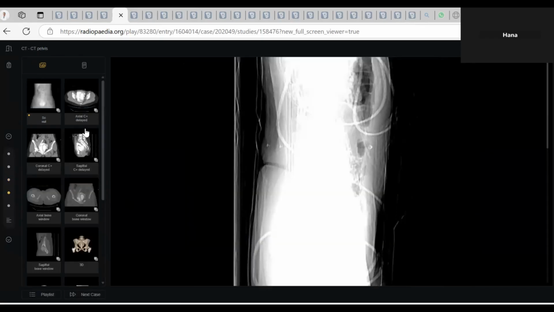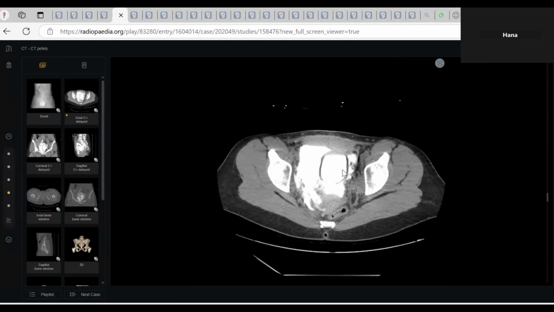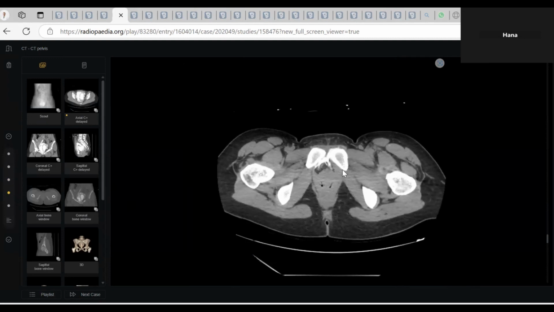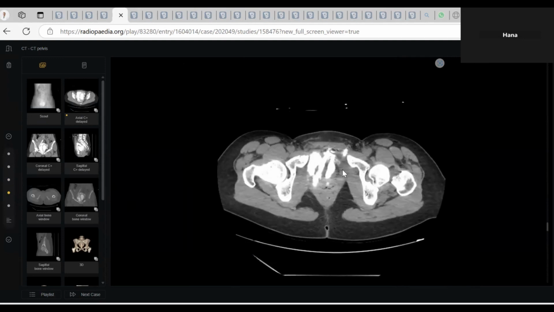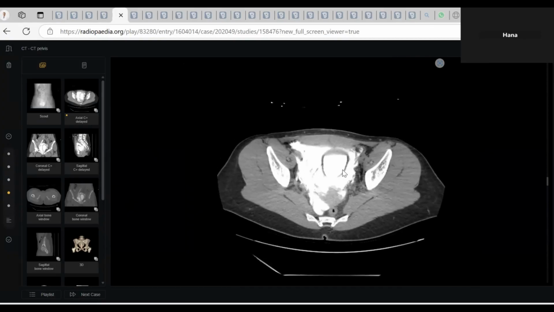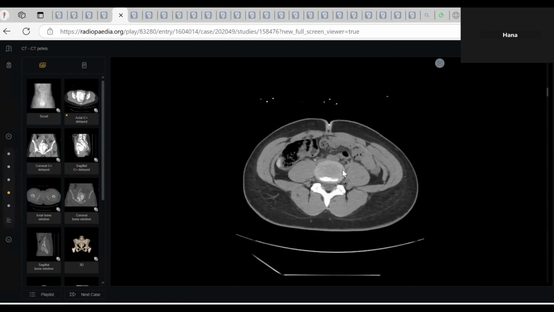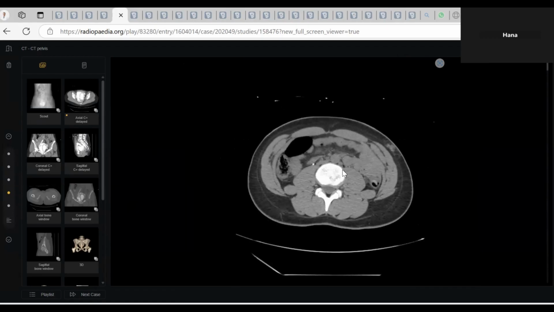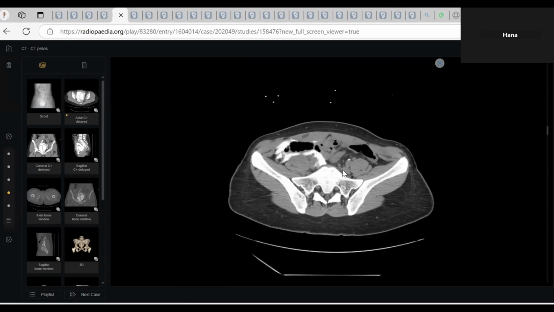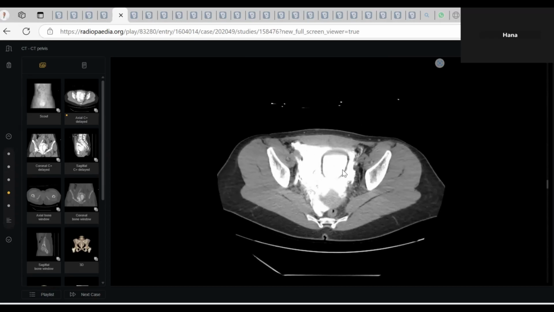Then he gave you this one. Look carefully. You were on the correct way, extraperitoneal, until I showed you this one. This is also extraperitoneal, because here this is in the paravesical space, and the paravesical space is extraperitoneal.